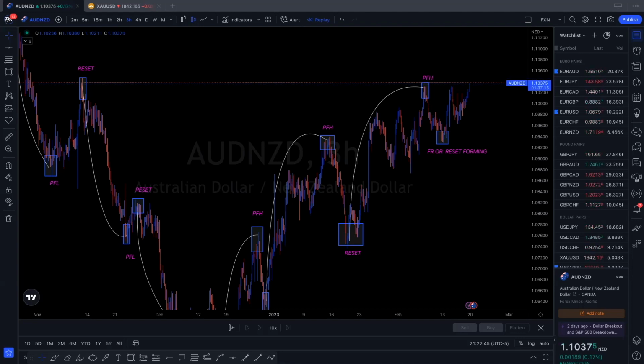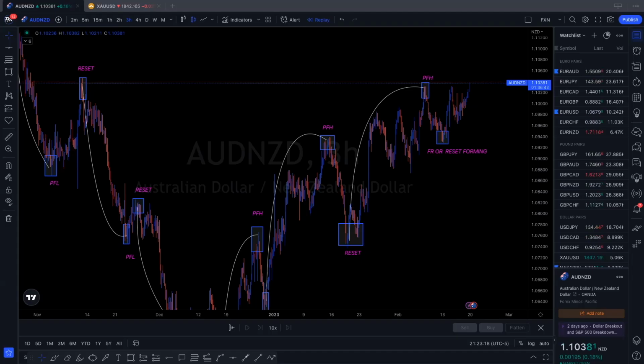Because of the pip value, you typically need more capital to trade gold. But the lot sizes themselves are exactly the same. It's just the value. Euro USD is probably one of the lowest pip value pairs you can trade. Why do you think the spread is always so low on Euro USD?